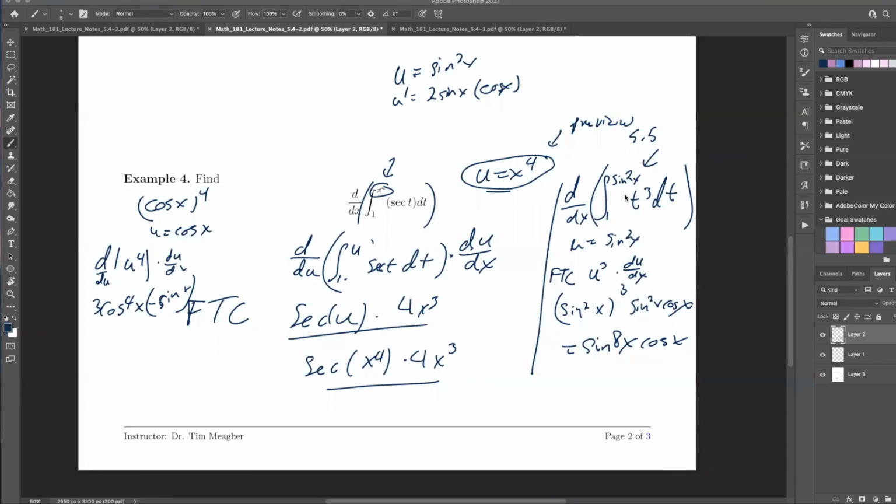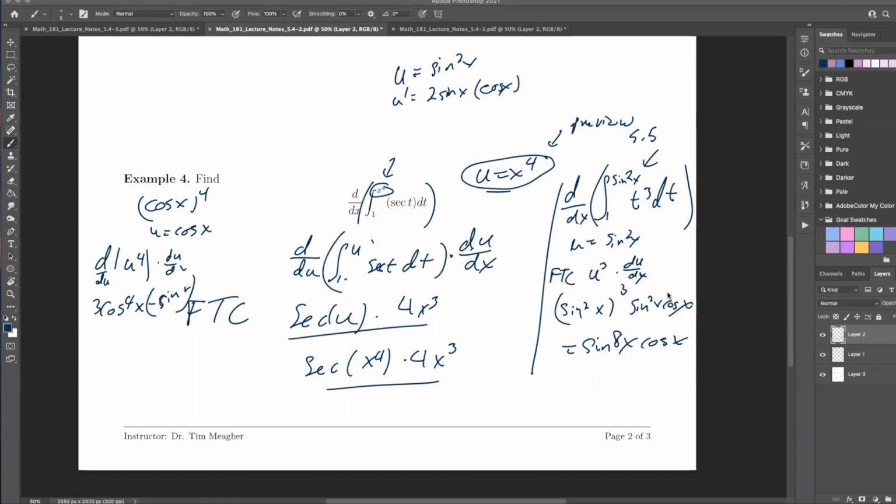And here the fundamental theorem of calculus says I just make this a u, same like we did here. And so this t cubed just becomes u cubed, and u cubed is sine squared x raised to the third power. You multiply these two powers, you'll get 6.